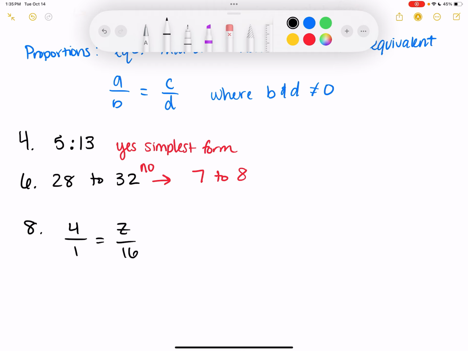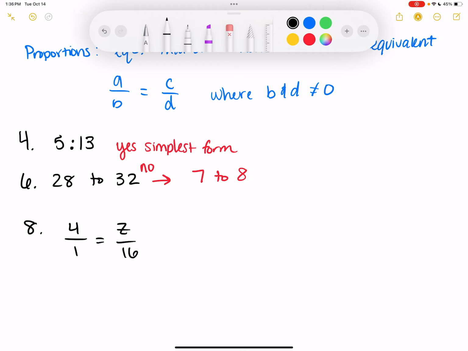So how would I do that? I would just do 4z over 16, and then divide by 4, and then I get z equals 4. Is that the answer though?